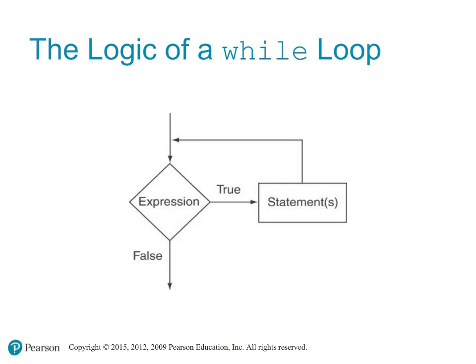After the statements are executed, an arrow leads back to the decision box for re-evaluation of the expression. In the false path, if the expression is false, another arrow leads out of the decision box to the next part of the program that follows the loop.